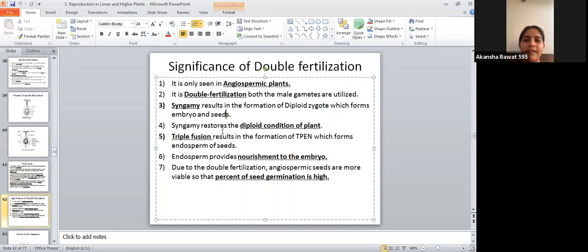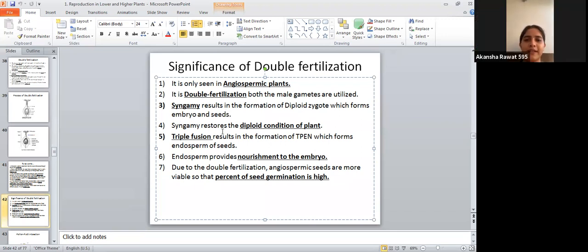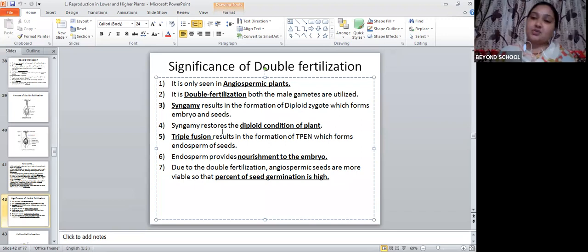And with this, when the second male gamete is fertilized, there is a process which is called triple fusion. This triple fusion forms the TPN, the triploid primary endosperm nucleus, and it is going to form an endosperm.